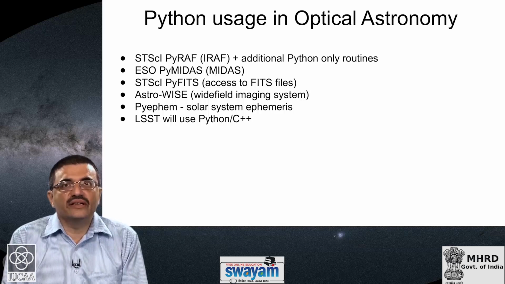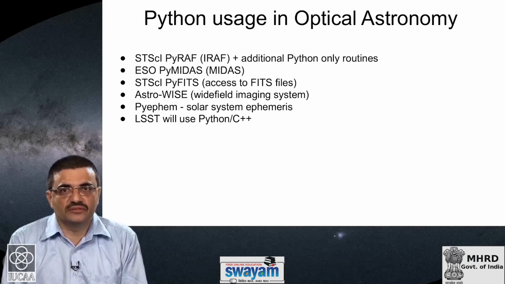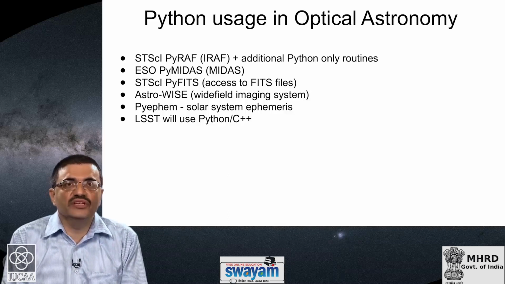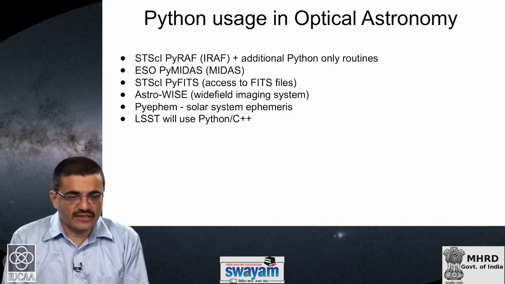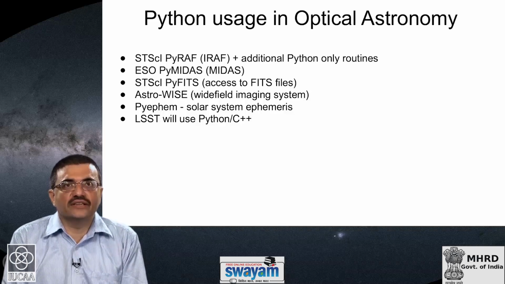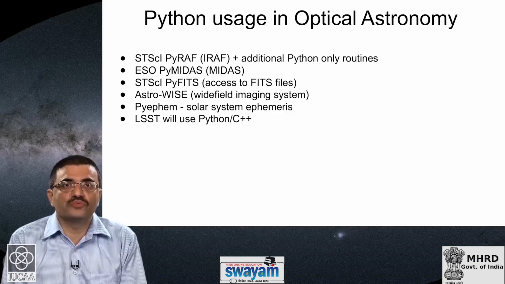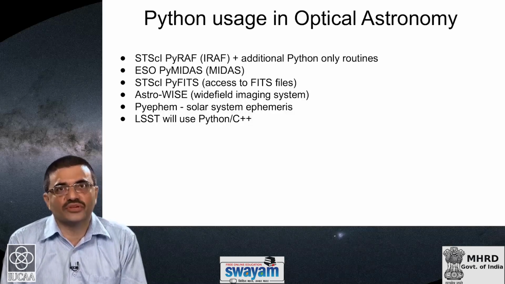What has now happened is with the advent of Python, IRAF has been wrapped as a Python package. This means that you can use any IRAF command from within a Python program, and this is done using a package called PyRAF, which wraps all of IRAF and also provides you with additional Python only routines.